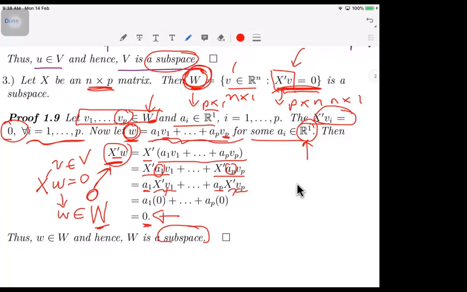If we pre-multiply the vector w by X prime, it is equal to 0. So it means that W is a subspace. Subspace meaning closed under the operation of linear combinations.